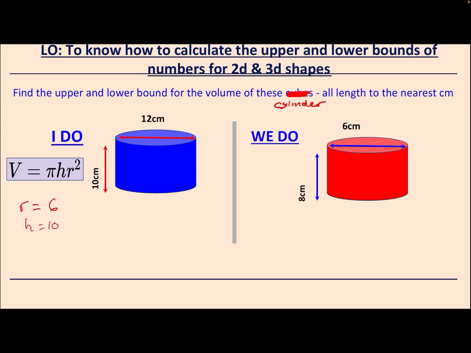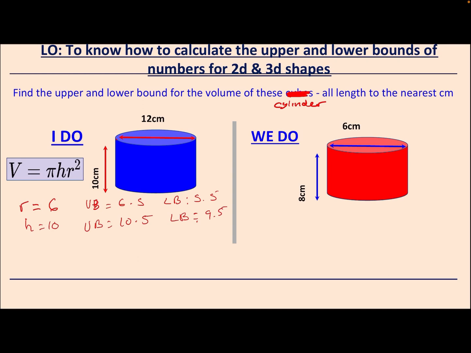So we need to find the upper and lower bound for each of these lengths. So upper bound for this one is 6.5, and the lower bound is 5.5, and for the height, the upper bound is 10.5, and the lower bound is 9.5.